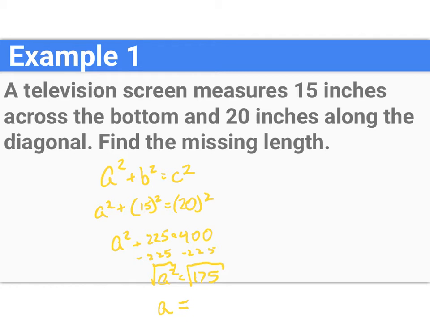And since we're in high school, we're going to round to the 1,000th place because we haven't been told what to round to. You type it in the calculator. You turn your thing to the side, and you hit square root, clear, 175, square root, 13.229.